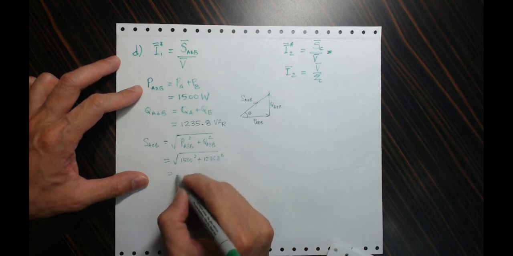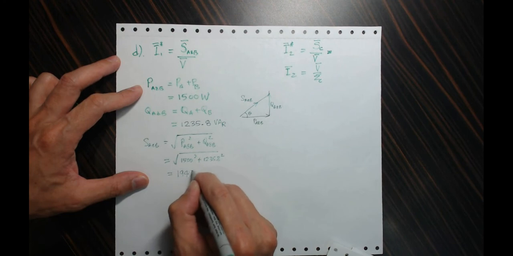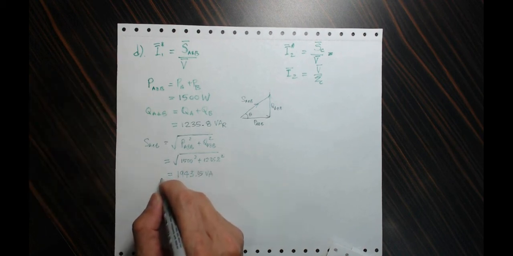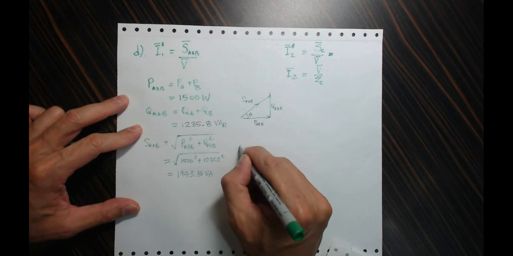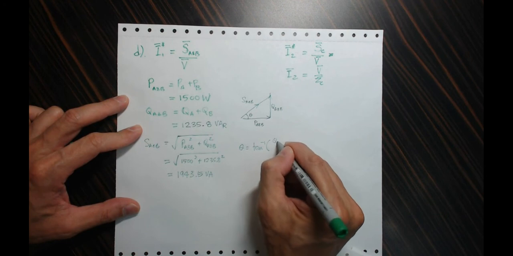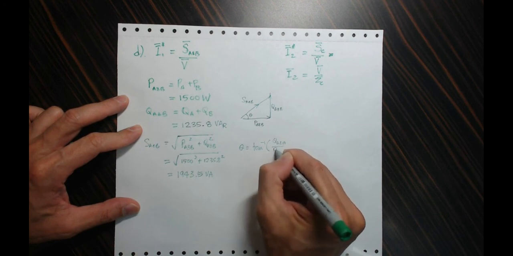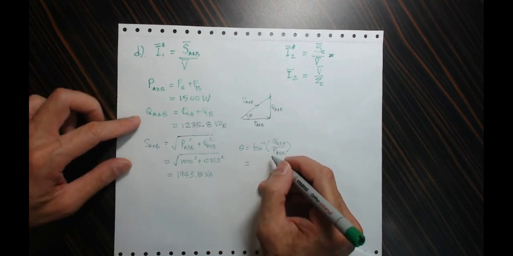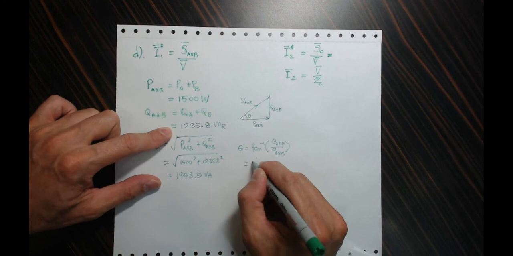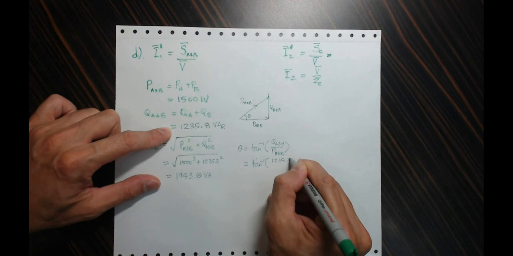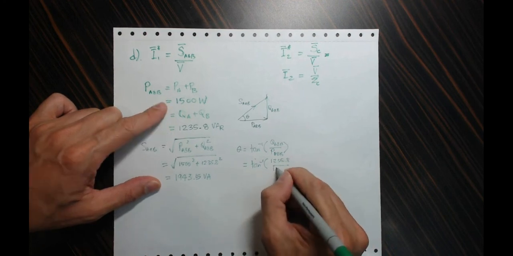That's 1943.5 VA, and the angle can be calculated from theta equals tangent inverse of QAB over PAB. That's tangent inverse of 1235.8 divided by 1500.